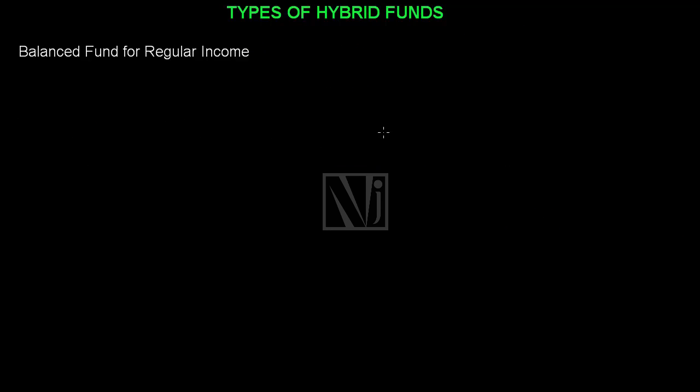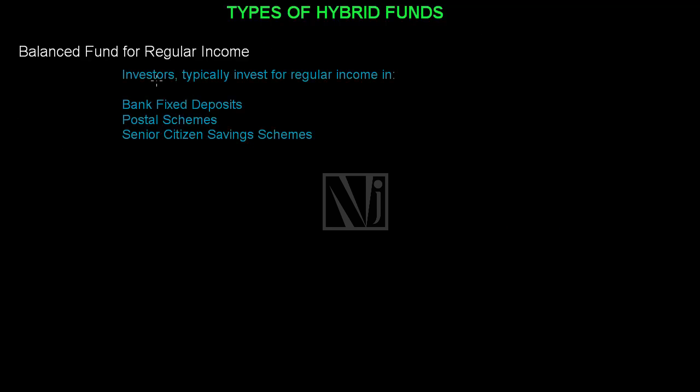A balanced fund is also a very popular option among investors who are looking for a regular income. Investors, including many retirees, typically invest for regular income in bank fixed deposits or in postal schemes or in senior citizen savings schemes. Now the problem with these investment options is: 1.